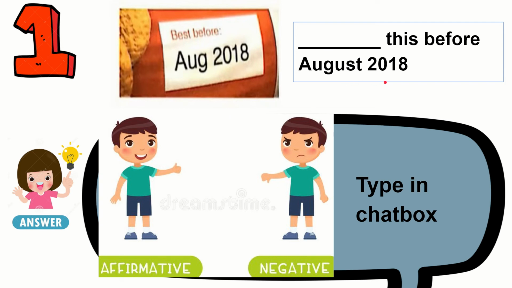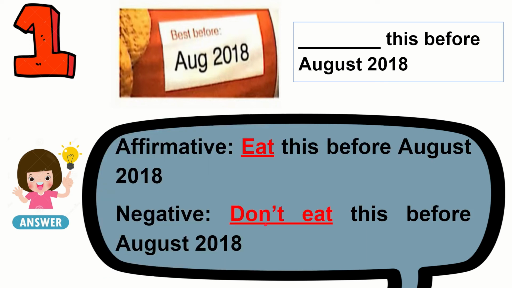If you know the answer, you type it in the chat box, whether it is affirmative imperative or negative imperative. Let's see. In the affirmative form, eat this before August 2018.